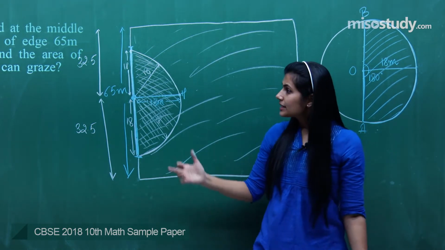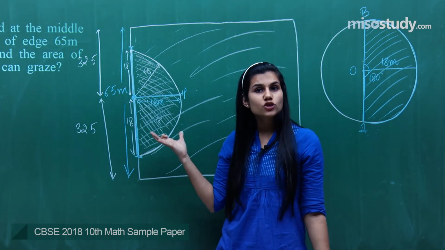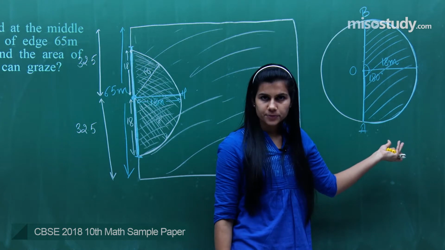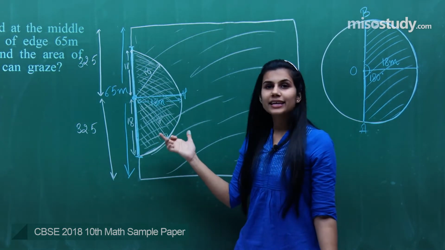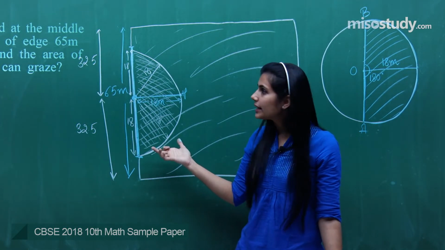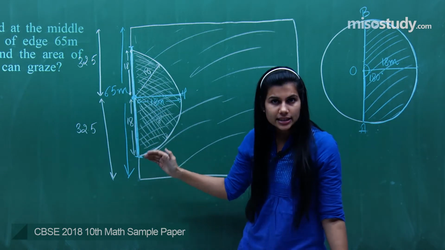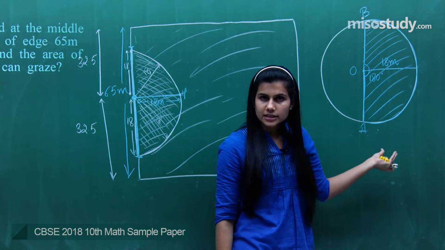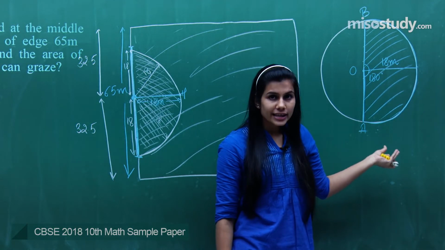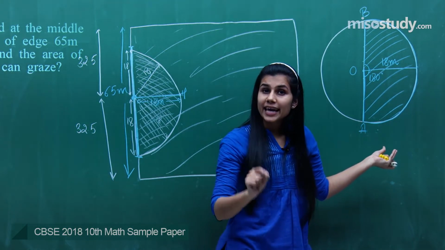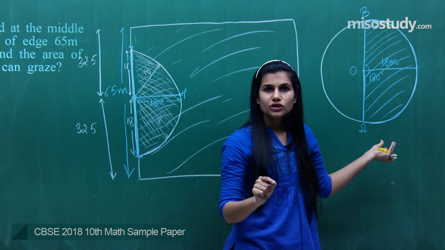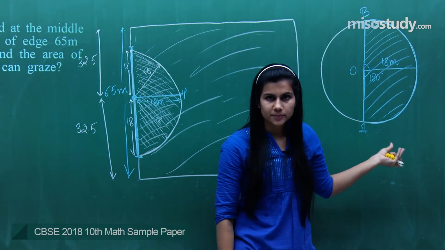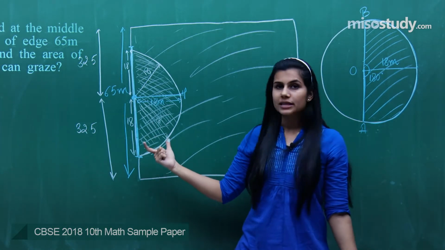Understood? That is how we have to interpret the situational question in terms of mathematical format. So, if I have to find the area over which the horse can graze, that means in a circle of radius 18 meters, I have to find the area of a sector which has arc AB subtending an angle of 180 degrees at the center. Because this completely resembles this.